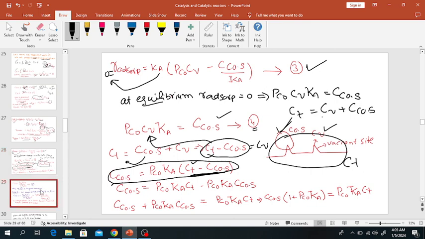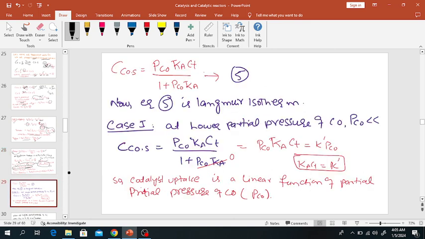Now further rearranged, this is the adsorption of carbon monoxide at the active site, which is equal to the partial pressure of carbon monoxide in the gaseous phase multiplied by the adsorption equilibrium constant multiplied by the total number of sites, divided by 1 plus the partial pressure of carbon monoxide times the adsorption equilibrium constant. So equation number 5 is nothing but the Langmuir isotherm.